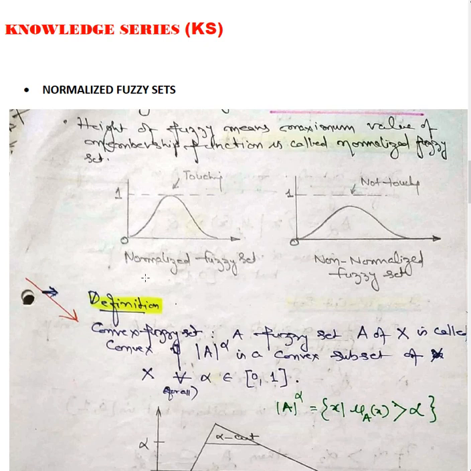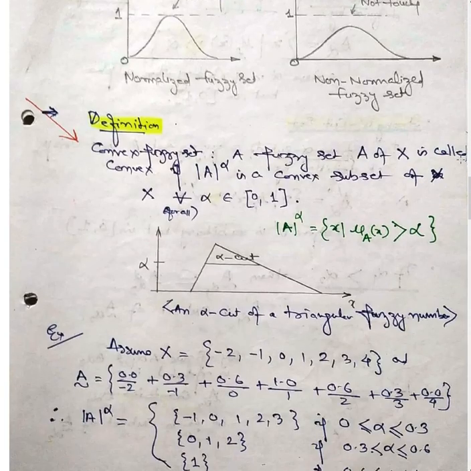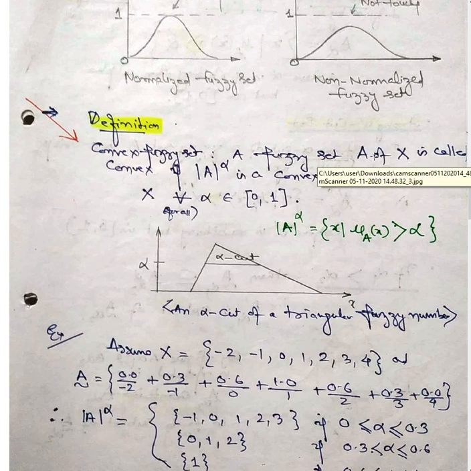Now the definition of the convex fuzzy set. If you see the previous convex fuzzy set, it is defined as follows: a fuzzy set A of a universe of discourse X is called convex if A to the power of alpha is a convex subset of X, such that alpha belongs to [0, 1]. That is called a convex fuzzy set.